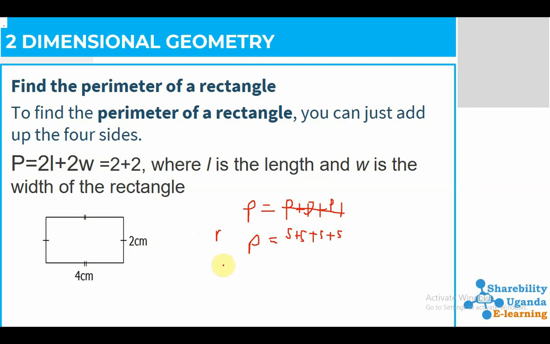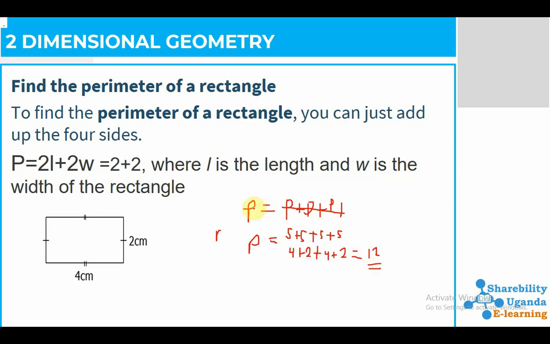So we can say if these sides are equal, we shall say 4 plus 2 plus 4 plus 2 shall be equal to our perimeter. What do we get here? 6 plus 6, which is 12.